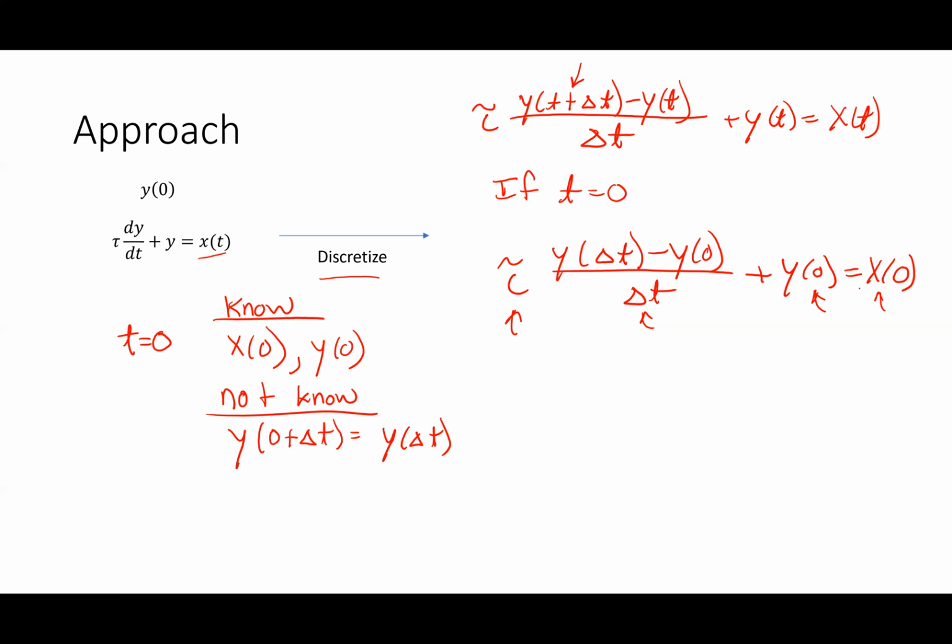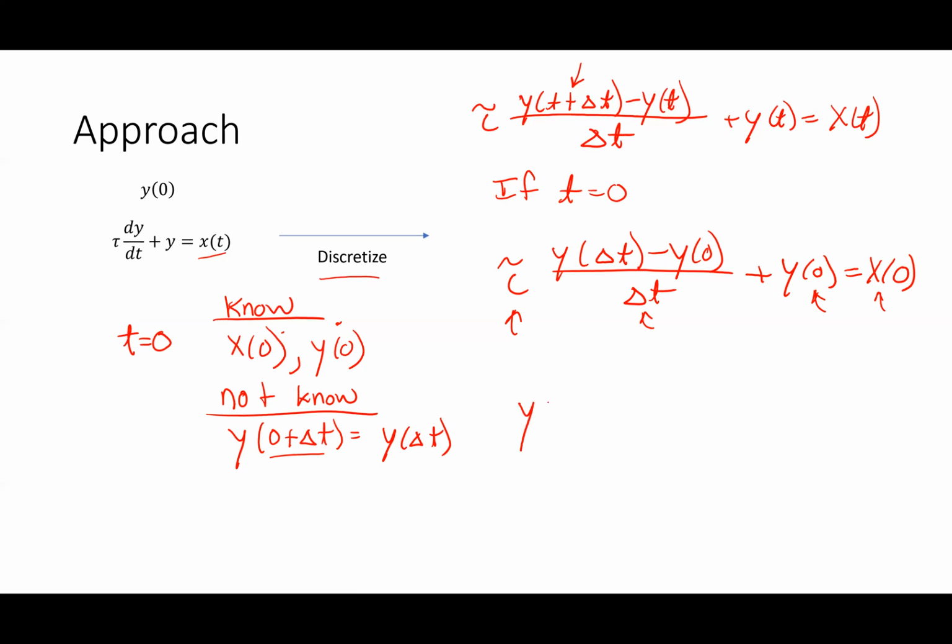Basically, what I don't know is the value of y in the future. That's what this is saying. At time t equal to 0, I know what the input is because that's what time it is right now. I was given this, but I don't know the future value. So I can solve for that future value, though, can I? Just by doing some algebra here. I can just rearrange this whole equation, do some algebra for myself, and solve for it.